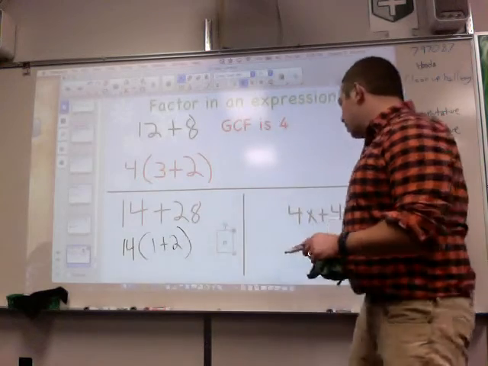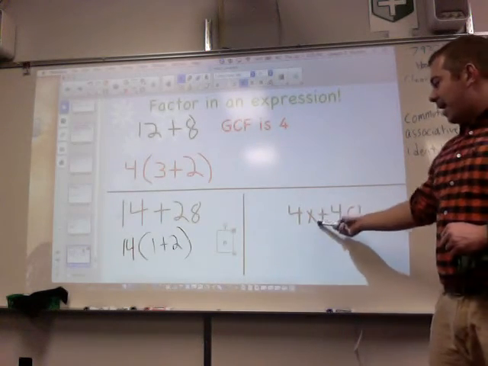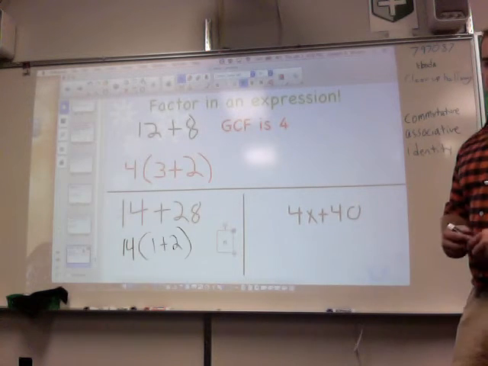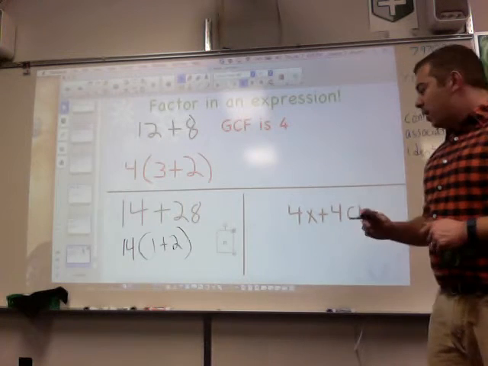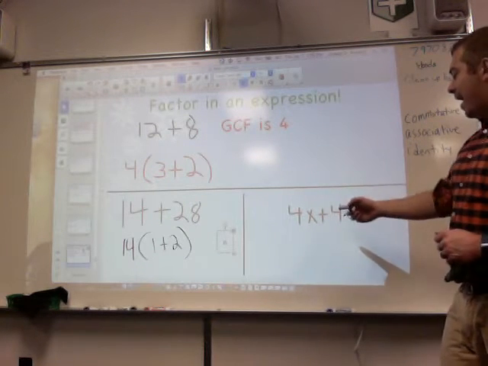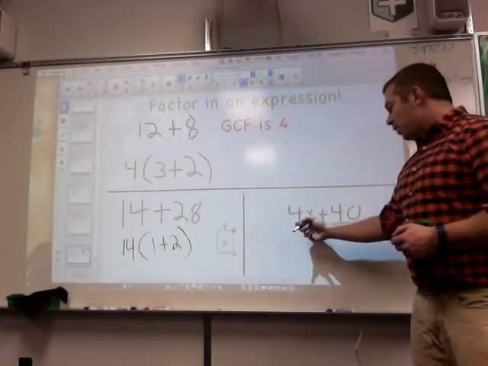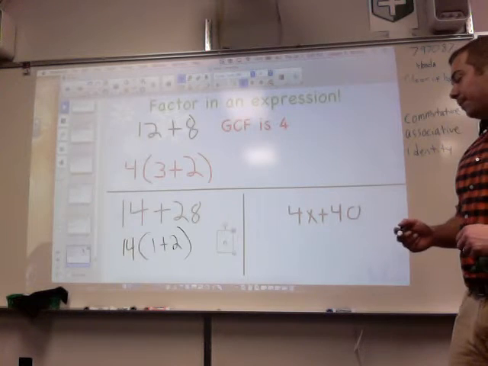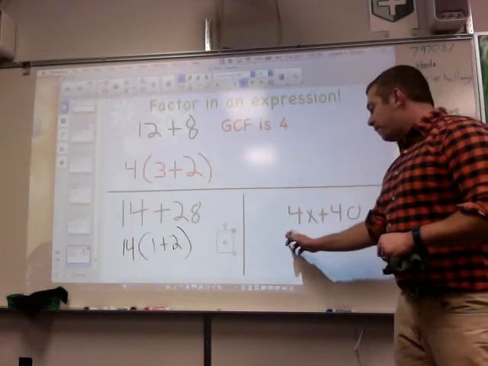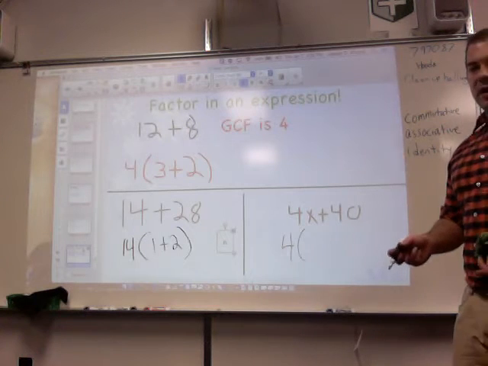All right, last one, I have an x here now. I have 4x plus 40. I'm going to work backwards. I know this might sound confusing, but we'll get it. If I work backwards, x and 40 don't have a common factor, but 4 has a common factor with 40, and that is 4. So if I put 4 outside my parentheses, how did I make 4x?